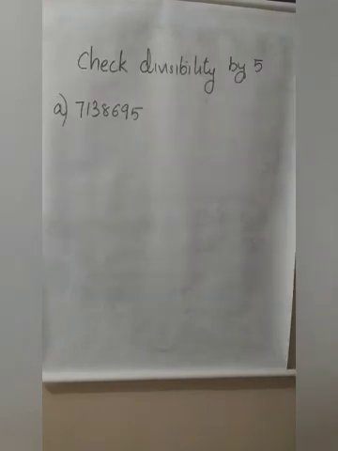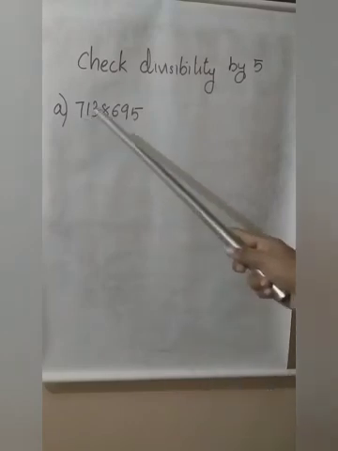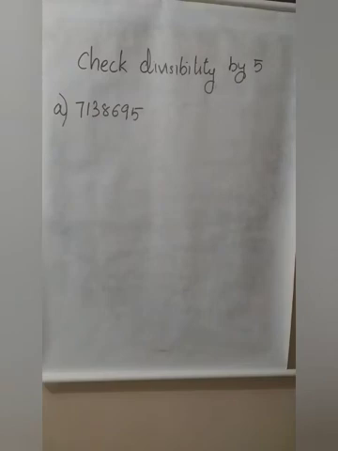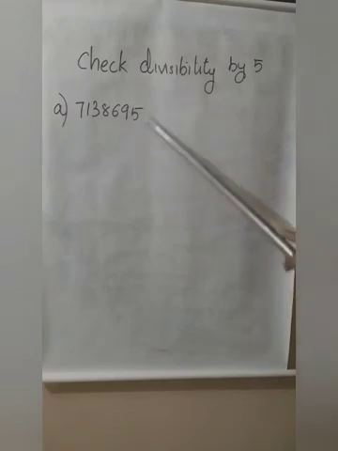So, checking the divisibility by 5, first example, 71,38,695. How will you check whether this number is divisible by 5? What do we have to look for here? Yes, the only rule is we have to look at the digit in the ones place. What is the digit in the ones place? We have 5.